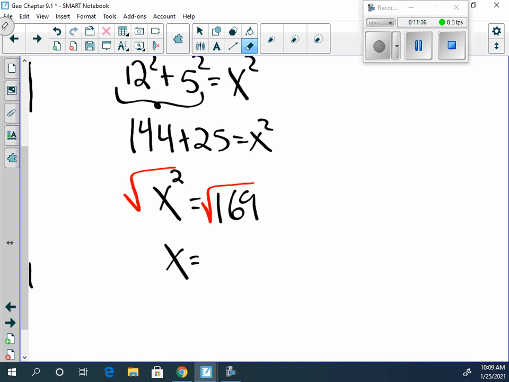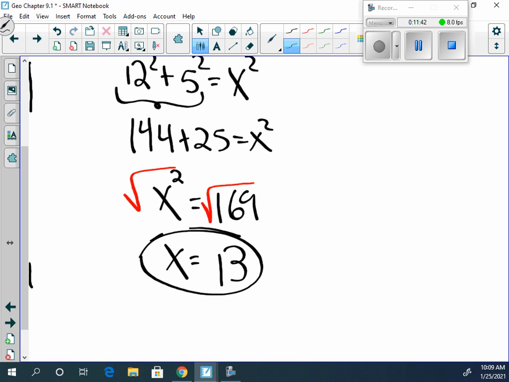So even though technically it would be plus or minus 13, we just have that the hypotenuse of this is 13. Now, would this be a Pythagorean triple? Yes, because all three numbers are integers. No fractions or decimals. So yes, this would be a Pythagorean triple.